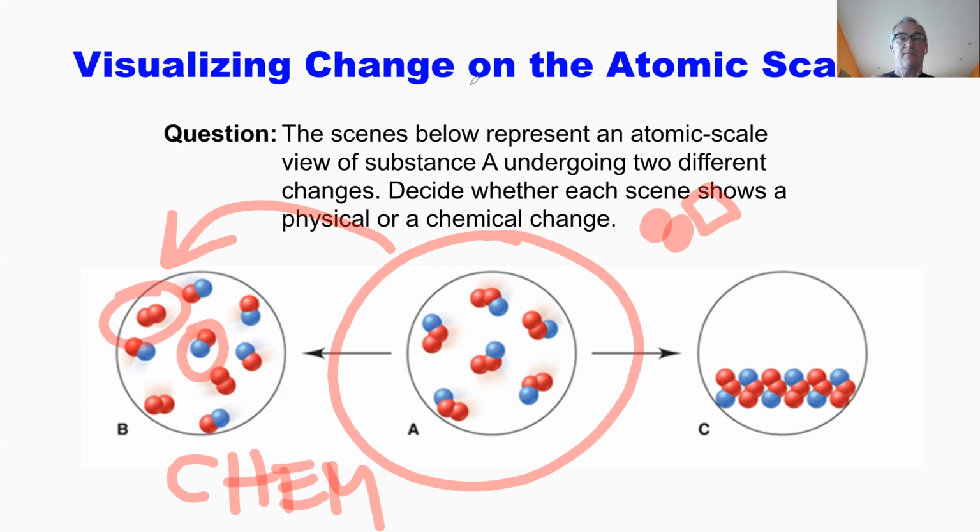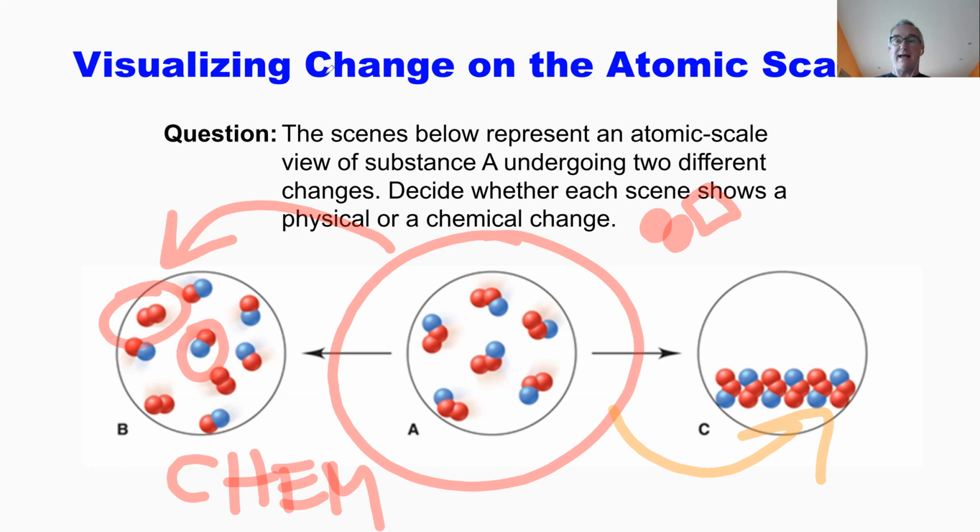Now let's look on the other side. Let's go to C. Now what happens between B in the middle and C on the right? Is that a chemical change or a physical change? Physical change. They squeeze. Yeah, they're squeezed together, but they're all the same molecule.